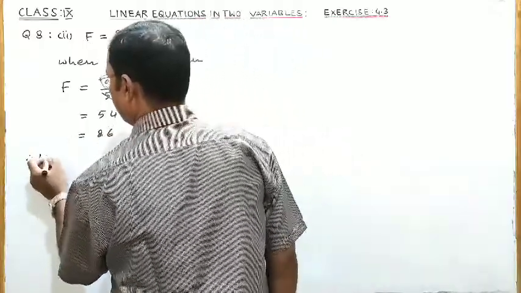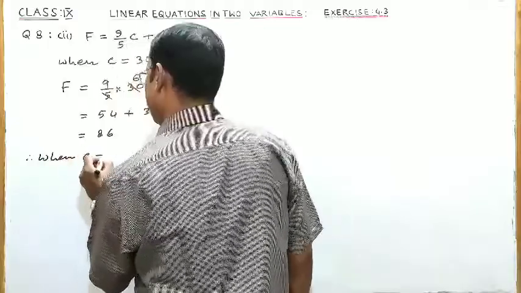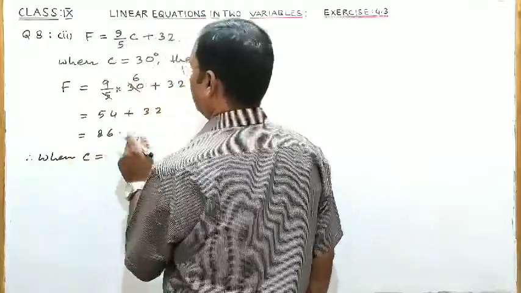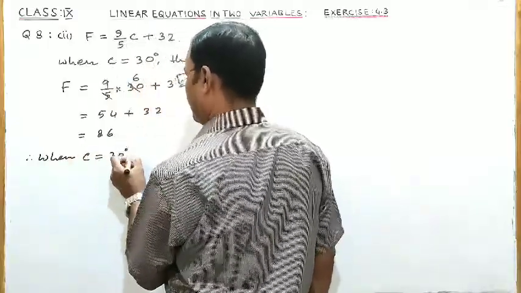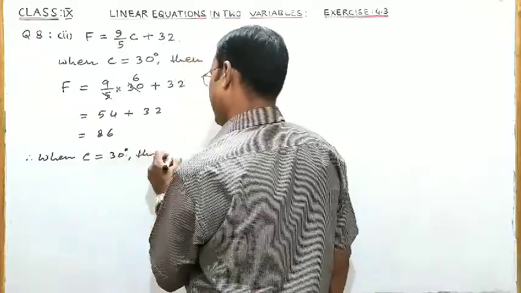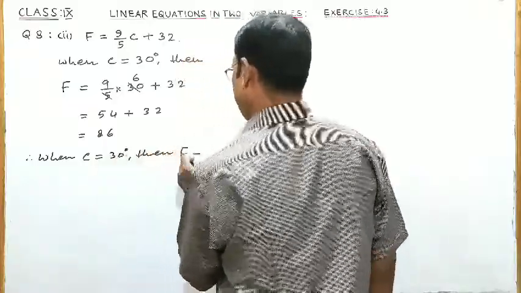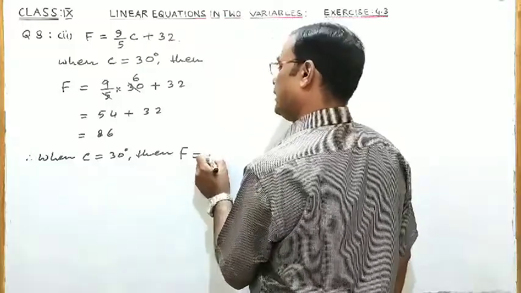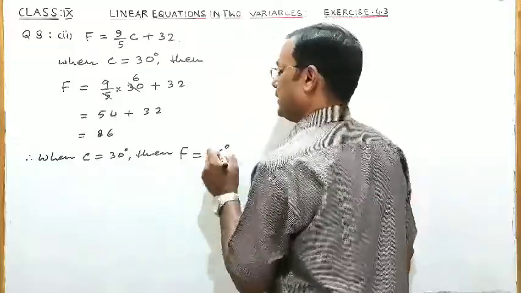So therefore, when Celsius scale of temperature is 30 degree, then temperature in Fahrenheit is 86 degree.